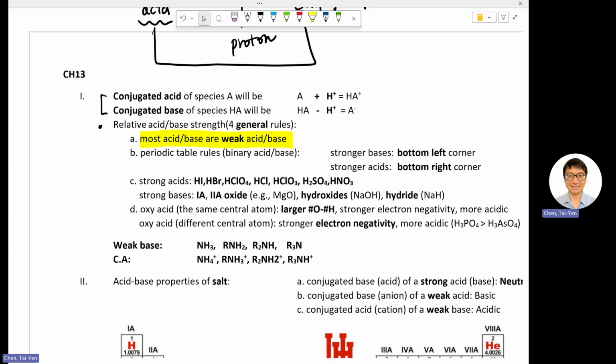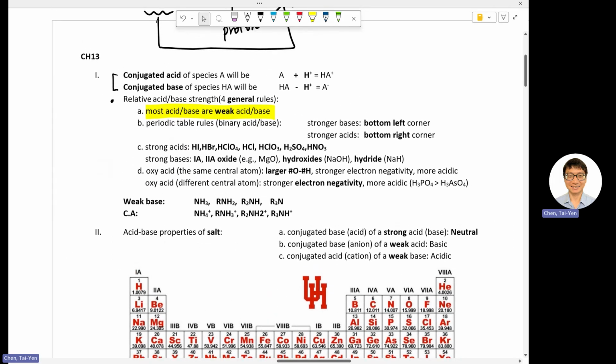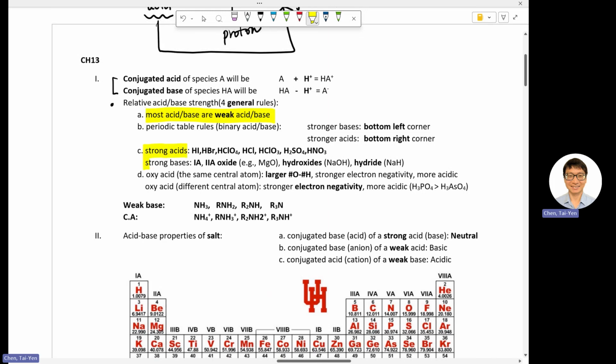If you know those, and something doesn't belong to that group, then weak acid or weak base will be the go-to answer. So I will go through this first and talk about the strong acids and strong bases. There are only 7 strong acids. Not a lot, only 7. And they rank like this.